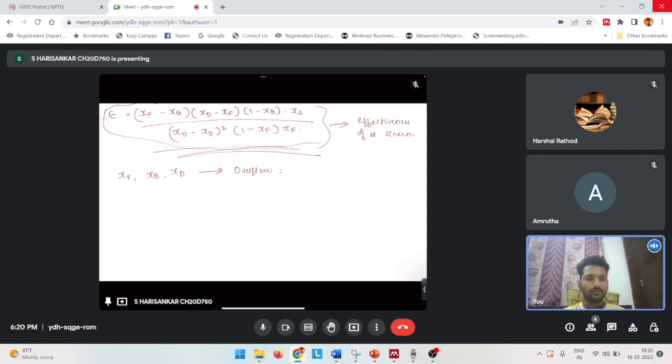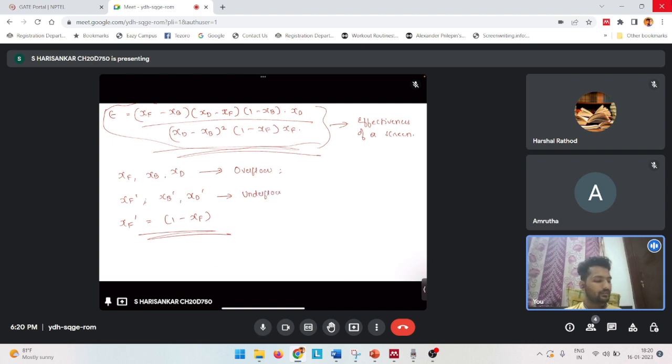If you are defining this in terms of your underflow product, you will have to write these mass fractions as xF dash, xB dash, and xD dash. And xF dash will basically be 1 minus xF. So when we say xF dash, these are based on the underflow products.